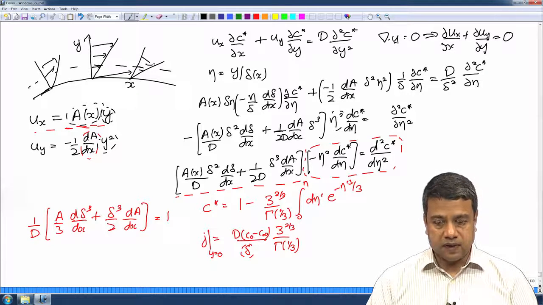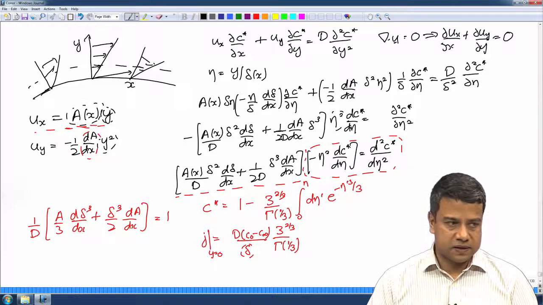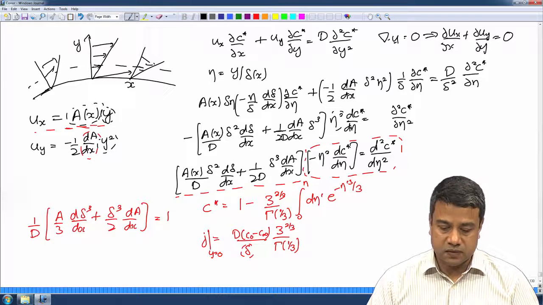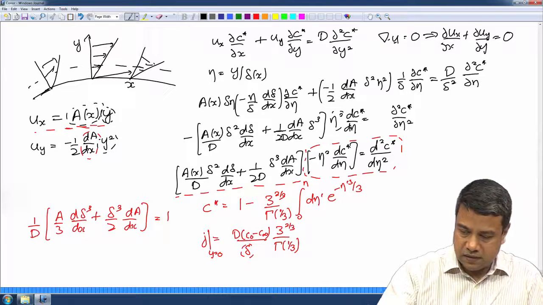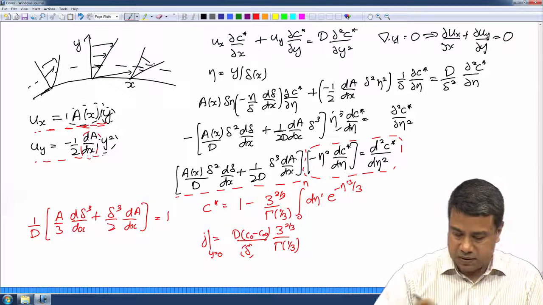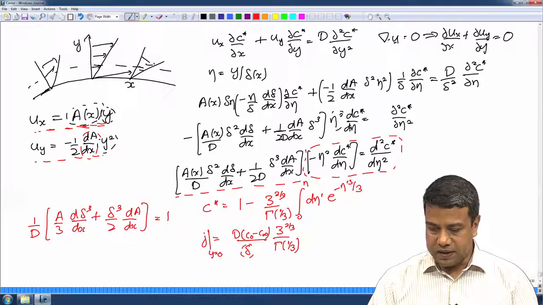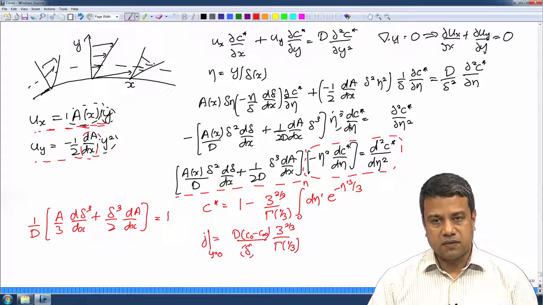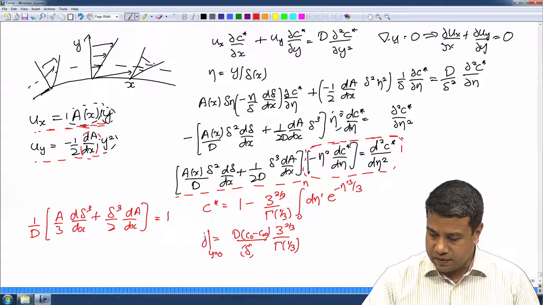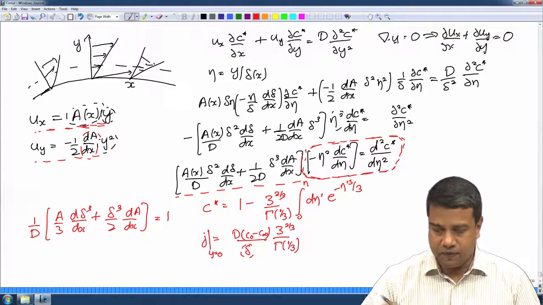So, if ux is proportional to y, no slip condition, ux has to be 0 at the surface relative to the surface. So, if ux is proportional to y, then uy has to go as y squared. For no slip condition, ux is proportional to y, uy has to go as y squared. In that case, the equation for the concentration or temperature field in terms of the similarity variable has exactly the same form.